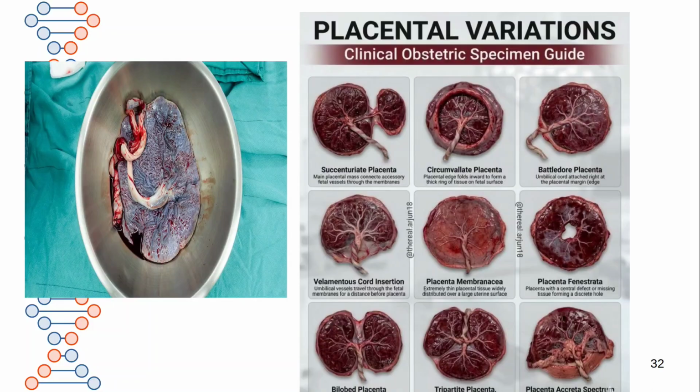Placenta accreta spectrum: it is not completely covered with septum, and the umbilical cord also arises from one corner. So these are all the placental variations: succenturiate placenta, circumvallate, battledore placenta, velamentous cord insertion, placenta membranacea, placenta fenestrata, bilobed, tripartite, placenta accreta spectrum.